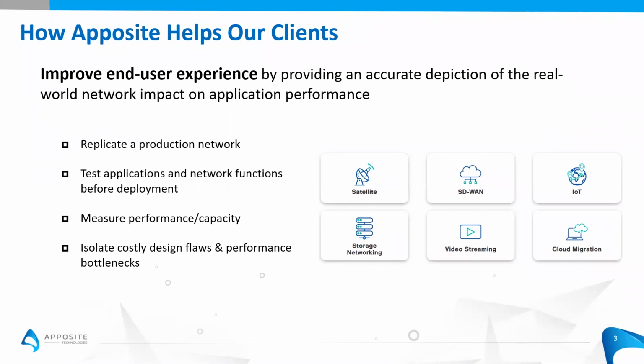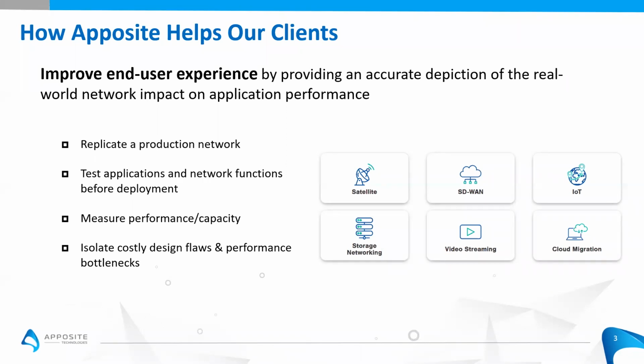So a lot of people, when they come and visit us at trade shows and stuff, kind of ask us, what do you do? How do you help us? And, we are a network emulator. We can replicate any kind of production network you can run into, whether it's satellite, SD-WAN, creating an Internet of Things environment, network storage, video streaming, cloud migration, Wi-Fi, you name it, we can do it.